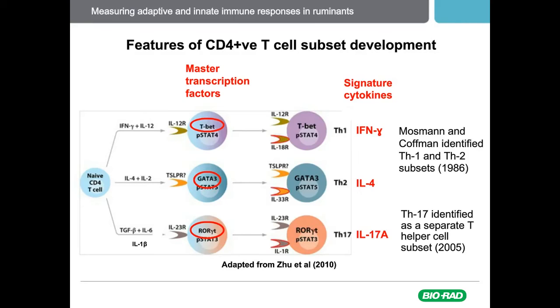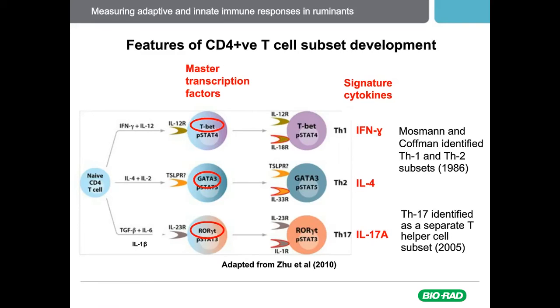That demonstrated very clearly that there were different CD4 T cell subsets that produced different cytokines. Even though that was done in mice all those years ago, we still don't know exactly whether those subsets exist in ruminants and how they might interact with each other.